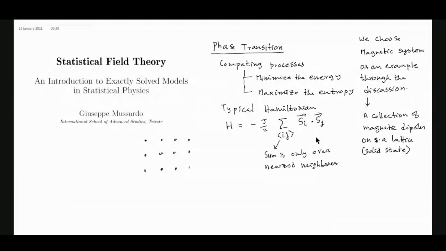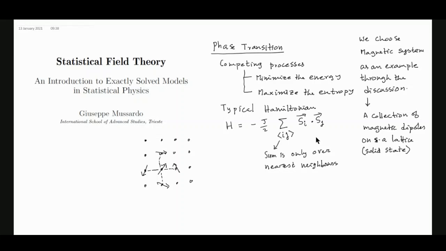What I have drawn is a 4 by 4 lattice. Suppose I have some dipole moment here, and this dipole moment will interact with its neighbors. For example, it may interact with this, this, this, and this, but it will not interact with the next nearest neighbors. That is the meaning of saying the interaction in this sum is only over the nearest neighbors.